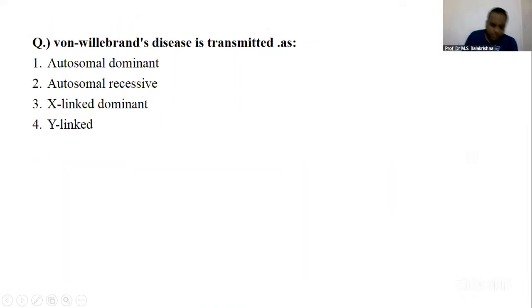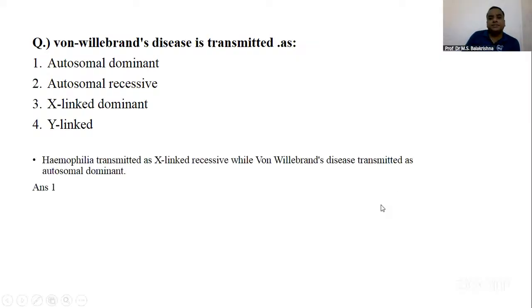So von Willebrand disease is transmitted as what? Autosomal dominant, recessive, X-linked, or Y-linked. So this is nothing but autosomal dominant. Hemophilia is transmitted as X-linked recessive, while von Willebrand disease is autosomal dominant. So this you should know that.